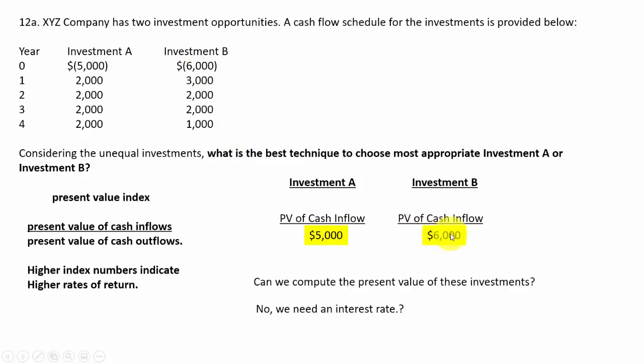Whichever one of these gave you the highest present value index, that would be the investment you would choose, at least on paper. Now, can we compute the present value of these investments, or even the present value index? The answer is no, because we don't have a rate of return. So the shorter answer here is that the best technique to choose would be the present value index.